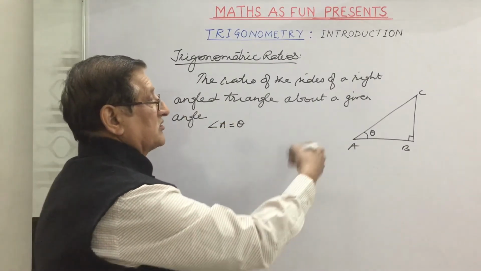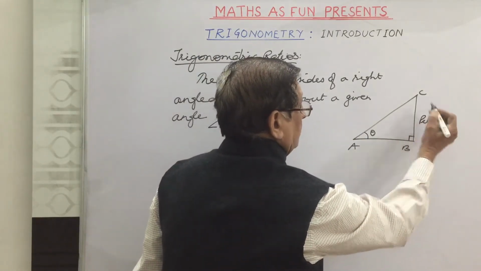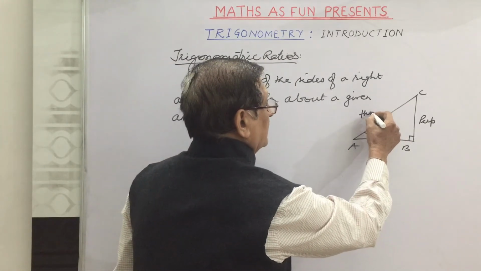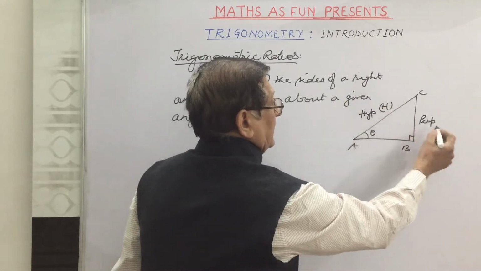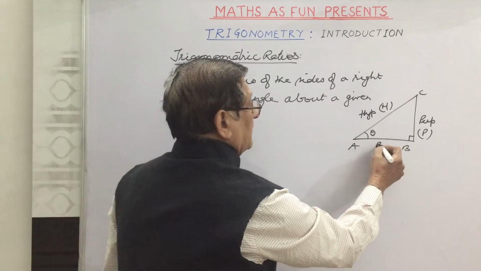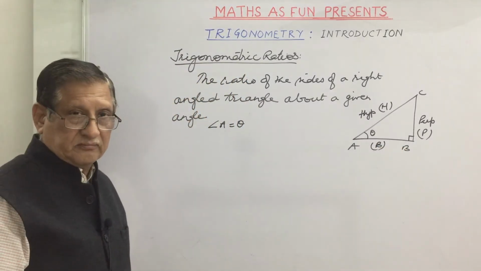Then we know the side opposite to this theta is the perpendicular. The side opposite to the angle of 90 degrees is the hypotenuse. We can represent this by H and this by P, and the base AB can be represented by capital B, just to learn.